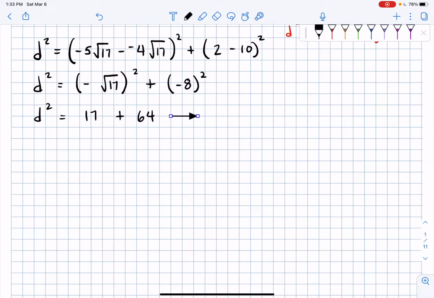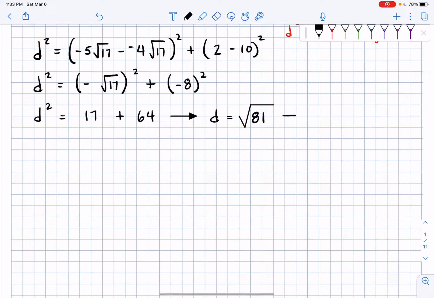So we add them together. So that's going to be d squared is going to equal to, actually, let me do it this way. I'm going to go ahead and take the square root here and add those two together, which is 81.